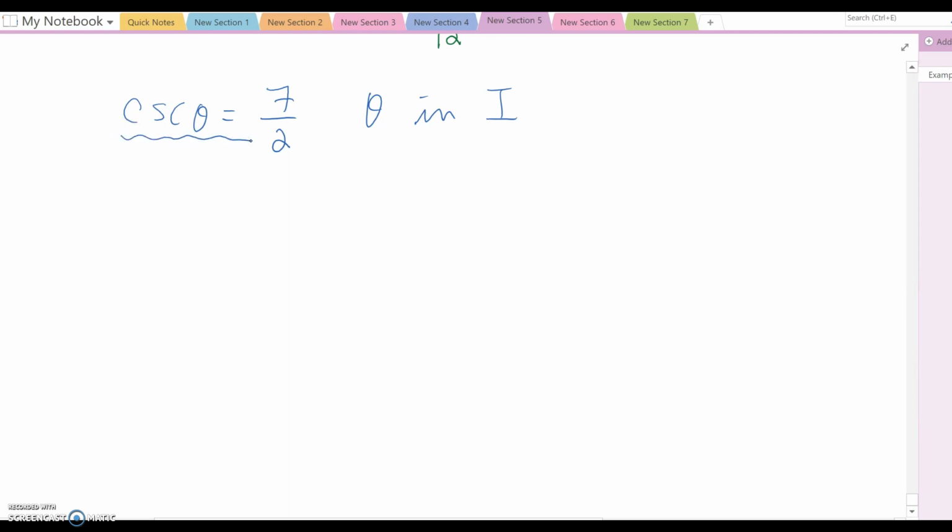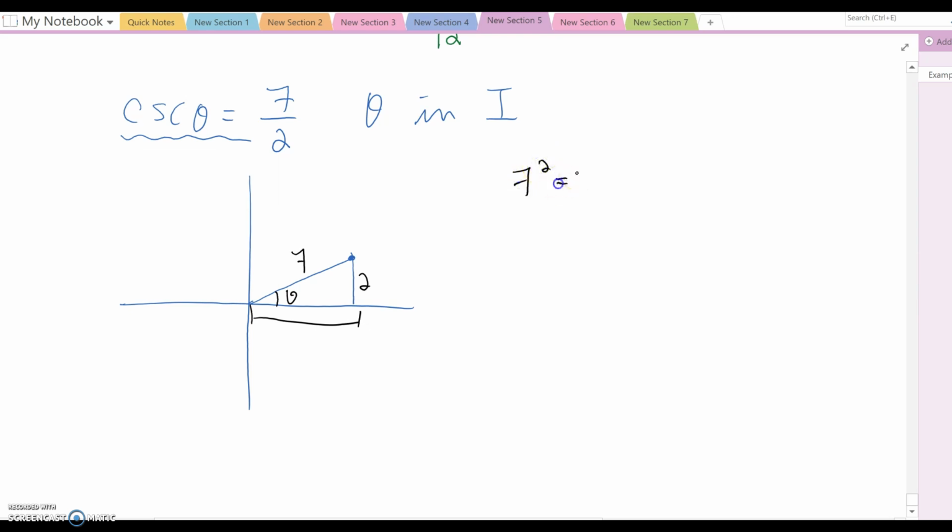Cosecant means 1 over sine, so we always say this is the hypotenuse over opposite, right? So indicate some point right here. If you draw this triangle, then this is 7 and this is 2 and this is theta. Based on this, you can find the length x using the Pythagorean theorem.